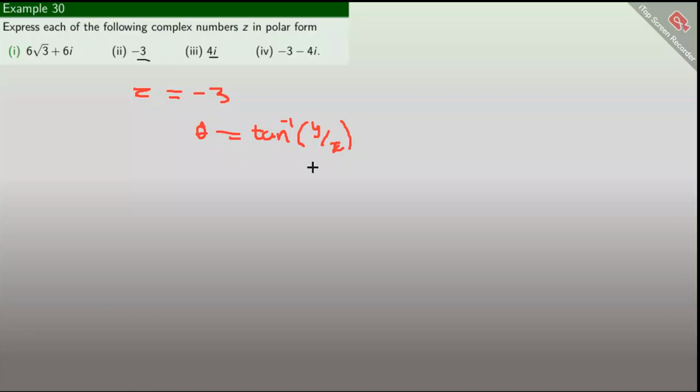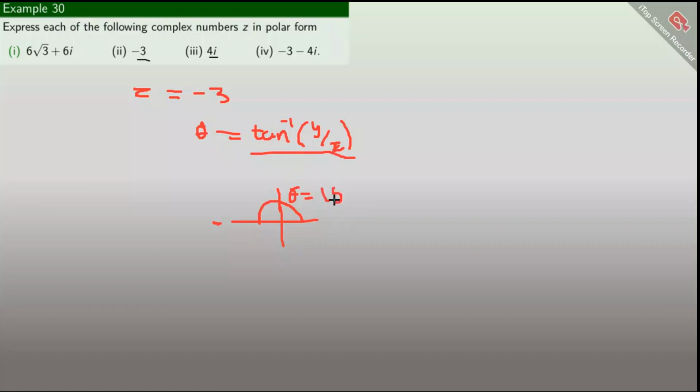Now theta, we don't know how it is going to be. So for this one, you don't even usually use this formula. You just look at it. It's only having x, which is negative, which means theta is going from the positive x-axis touching the negative x-axis, which means this is a straight line.